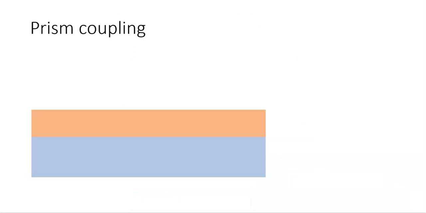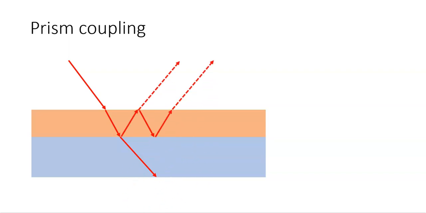Here we have a slab waveguide, and now we shine light from top. Light refracts, reflects, but doesn't stay in the waveguide by total internal reflection.